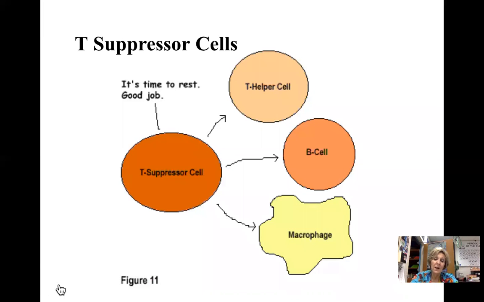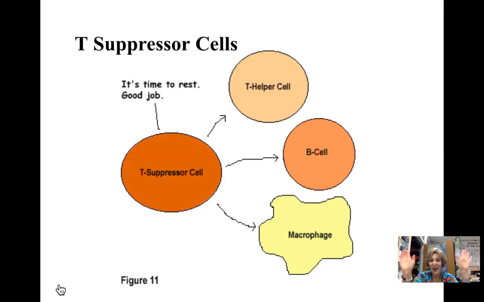It should definitely make sense to you that our immune system would have a way to stop these cell assassins. These cytotoxic killer T cells have got to be stopped because otherwise they could go haywire. So we also have other cells in the immune system called T suppressor cells. And they are exactly what you would think.